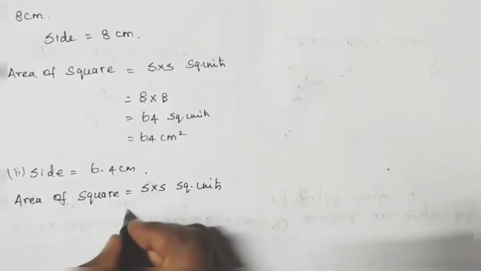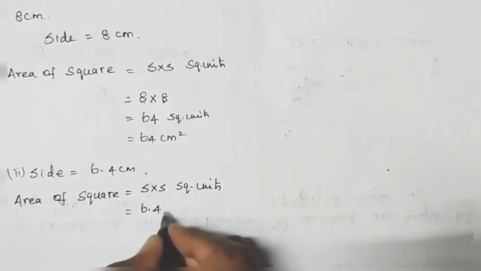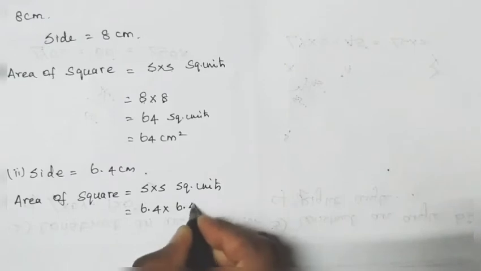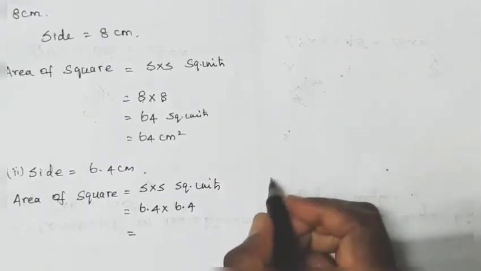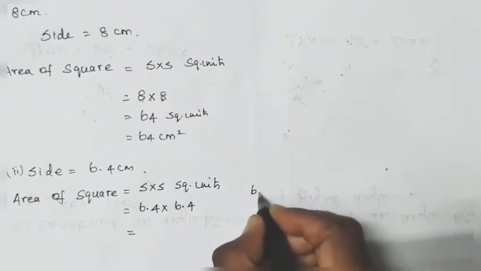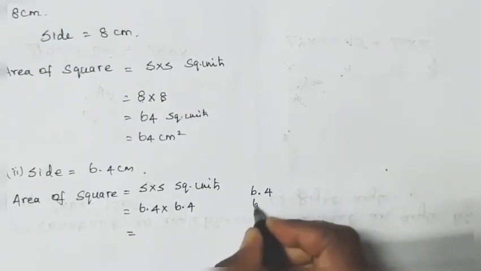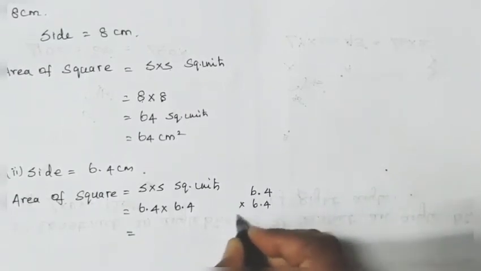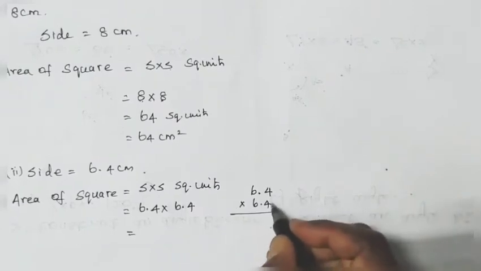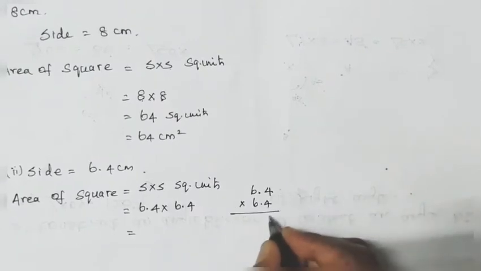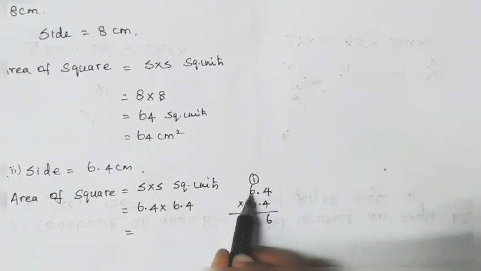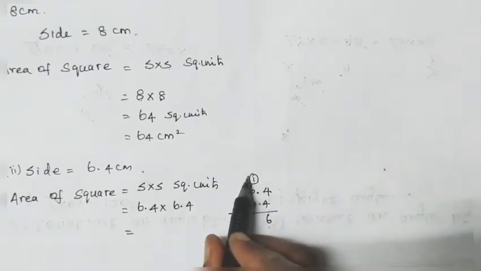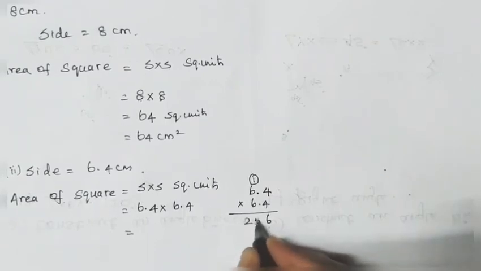That is 6.4 into 6.4. How will you multiply? Listen. First we'll multiply with 4. 4 fours are 16, 6, 1 carry over. 4 6s are 24, 24 plus 1 is 25.